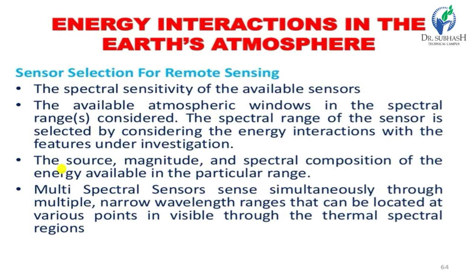The magnitude of the source and the spectral composition of the energy are present in a particular range, so we have to decide how much magnitude to select for that particular sensor. If you want to cover a large area and do an in-depth analysis of a particular object, we have to find out the spectral composition of that emitting source of energy.